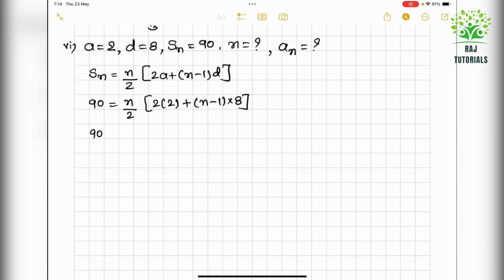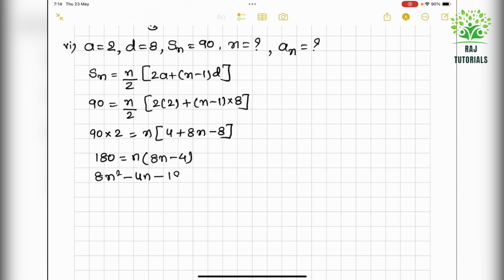So 90 into 2 equal to n into 4 plus 8n minus 8. So 180 equal to n into 8n minus 4. So I can say 8n square minus 4n minus 180 equal to 0.